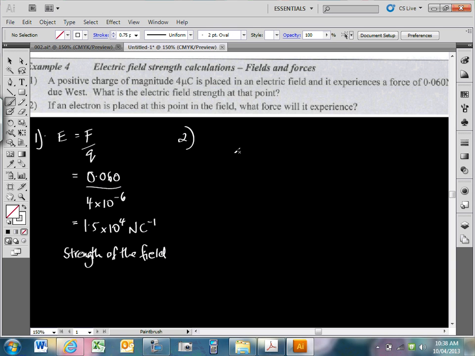Part 2, if an electron is placed at this point in the field, what force will it experience? We'll rearrange it, please. F equals EQ, 1.5 by 10 to the 4 newtons per coulomb. Charge, of course, is 1.6 by 10 to the minus 19 coulombs.